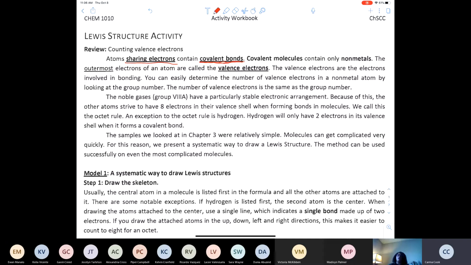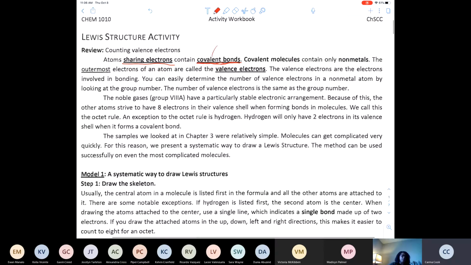Covalent bonds are also sometimes called molecular bonds. And therefore, molecular compounds are also called covalent compounds or covalent molecules. So molecular molecules are covalent molecules.